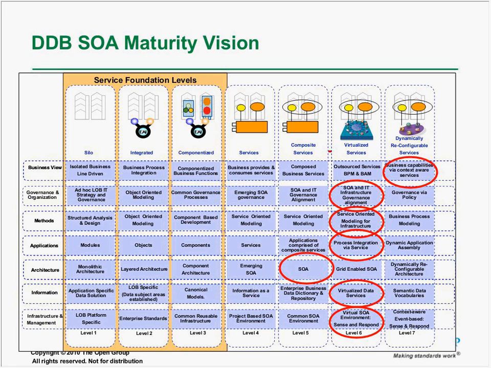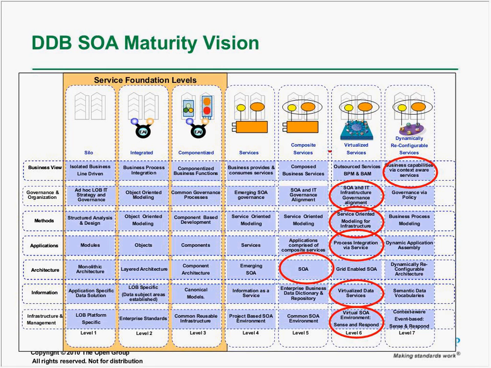Because of our outsourcing model, internally we don't need to achieve more than level 5 for internal services, because if we outsource significant sections of our business to other business partners, that will take care of the ability to do dynamic reconfigurable business services.